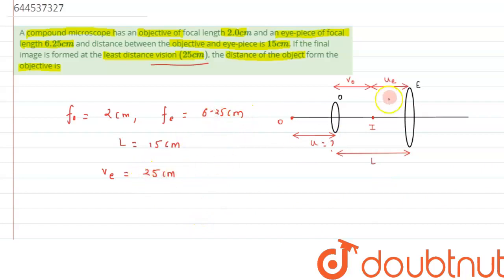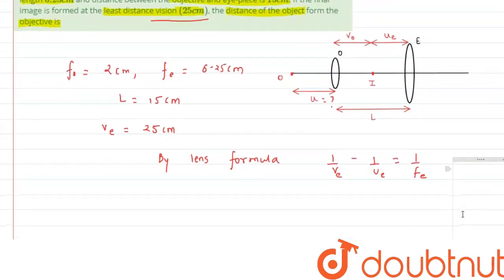So let's start the working over here. First we can calculate the value of UE, that is the object distance for the eyepiece. For that we will use the lens formula, which is 1 over V minus 1 over U equals 1 over F. Here we have to be careful, we will put a suffix of E, since we are doing it for the eyepiece. Now we just have to substitute the values.